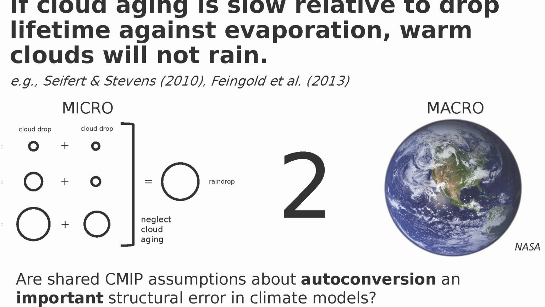So an important question to ask is, if this aging process is slow relative to drop lifetime against evaporation, this will have really big implications for whether or not warm clouds are going to generate precipitation. So I want to ask: are these shared CMIP assumptions about autoconversion an important and missing structural error in climate models?